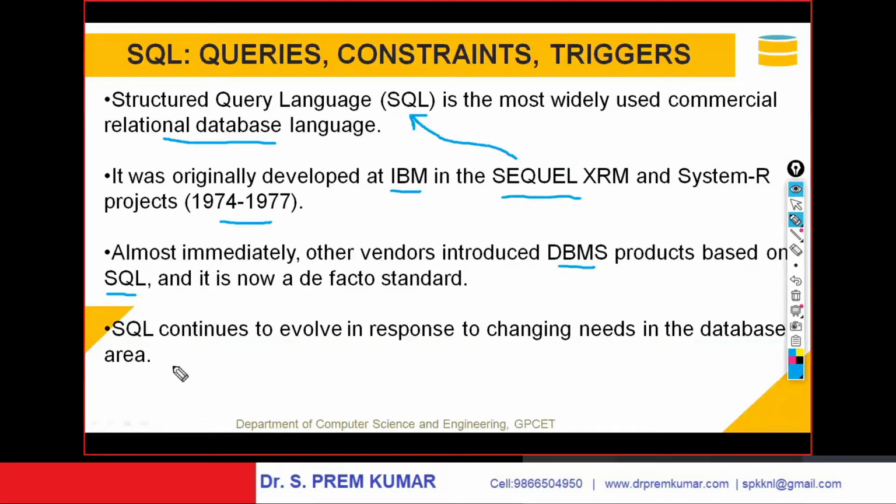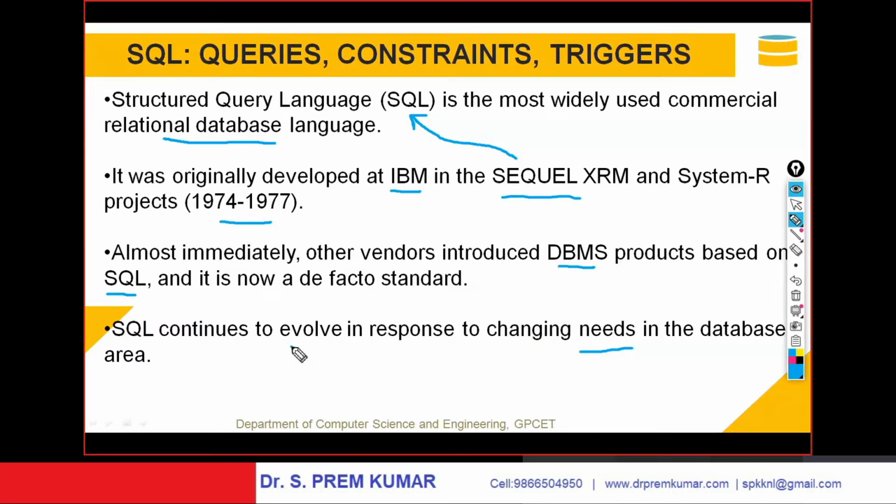SQL continues to evolve in response to changing needs in the database area. There are different versions of SQL. We worked with versions 7.2, 9, 10, Oracle 10g, and 11i. As needs increase day by day, SQL is evolving in different shapes and formats.